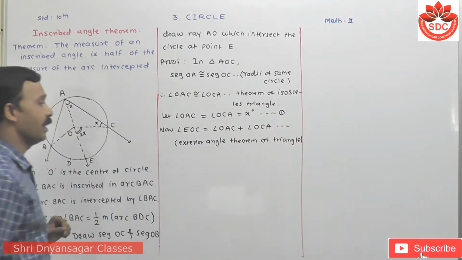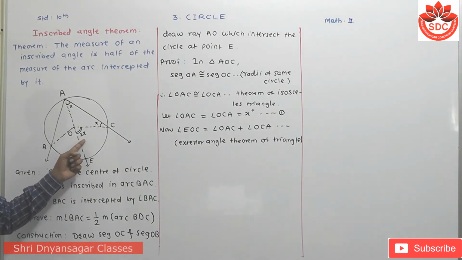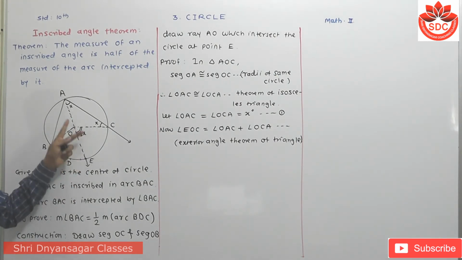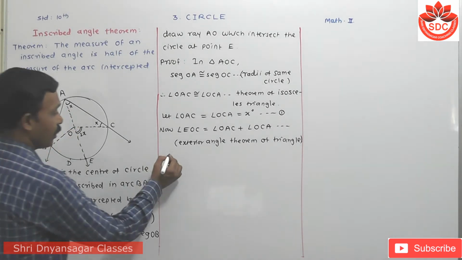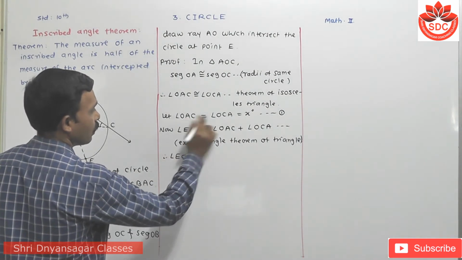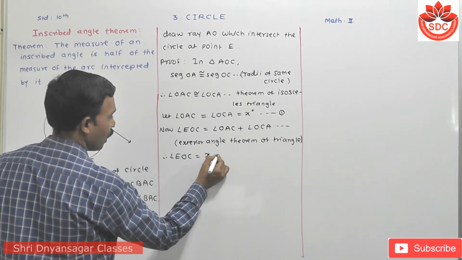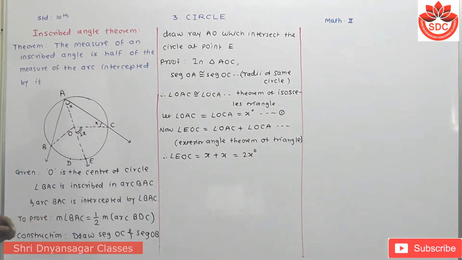You have discussed this theorem in 9th standard. Means that the measure of the exterior angle is equal to the sum of its remote interior angles. So I have to write here: therefore angle EOC is equal to x plus x, which is equal to twice x degree.